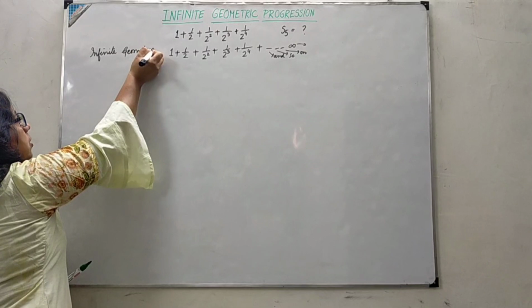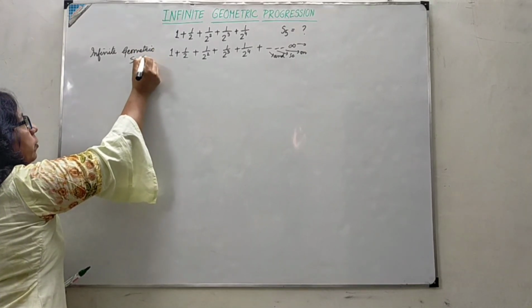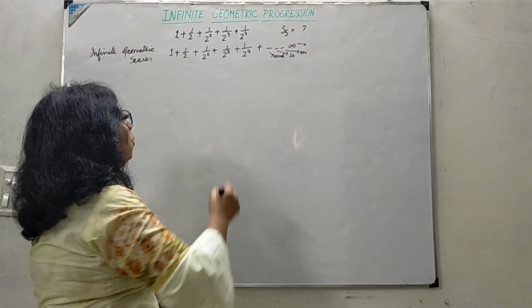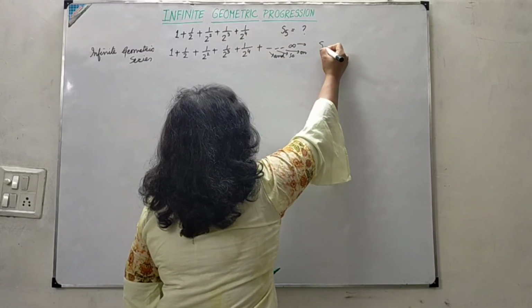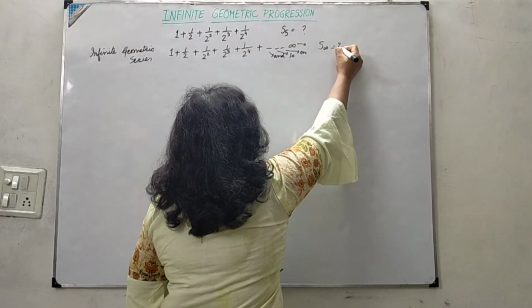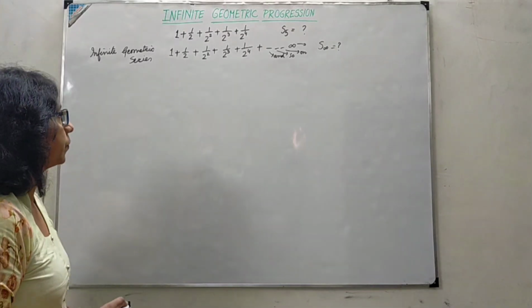This is an example of an infinite geometric series. Now, how to find the sum for this when the terms are infinite?